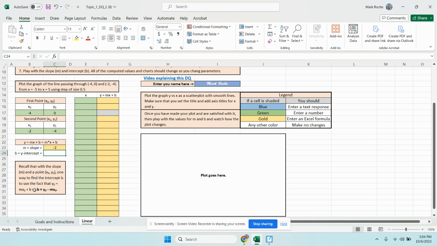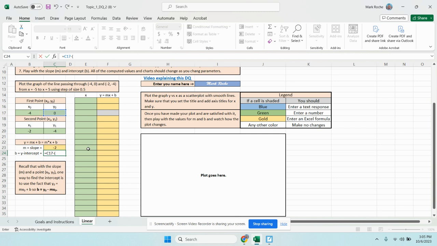Well, we're going to use this little formula right here that says y0 minus m times x0. So I'm going to click the cell and then go to the formula bar, hit equals, and I'm going to select, holding control, my y0, which is 0, minus, and I'm going to use parentheses so it doesn't mess anything up, my m, which is -2.